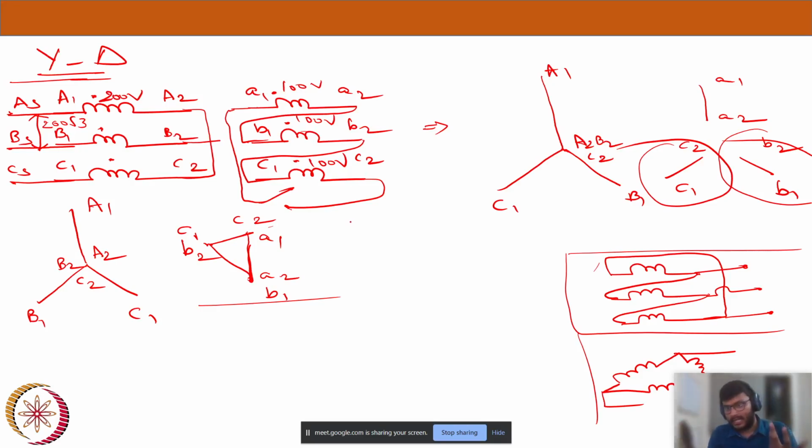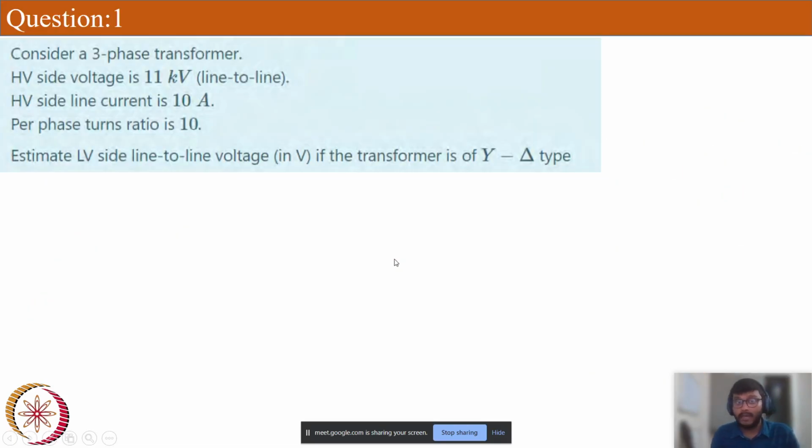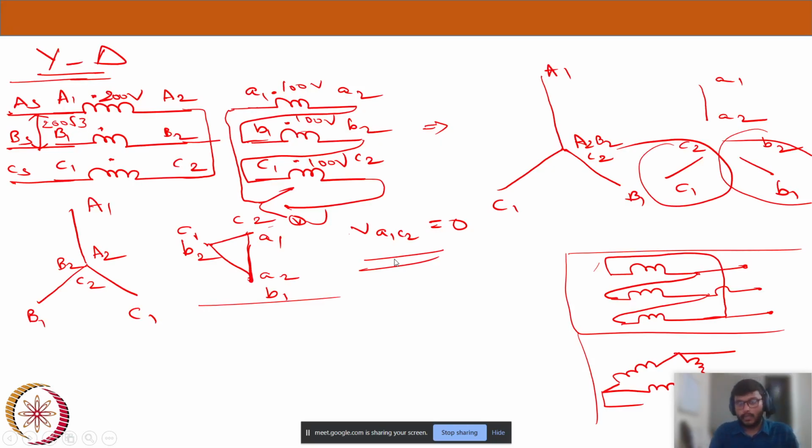That's the basic rule. If I connect a voltmeter here, voltage A1 C2 will always be 0 because of the way I connected. So now we have arrived at a successful delta connection.